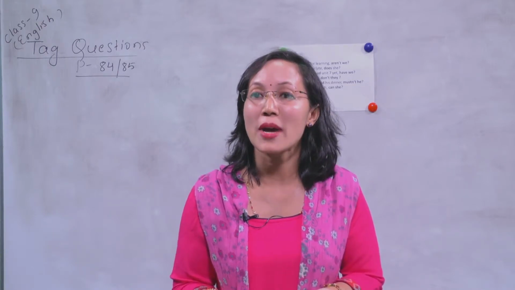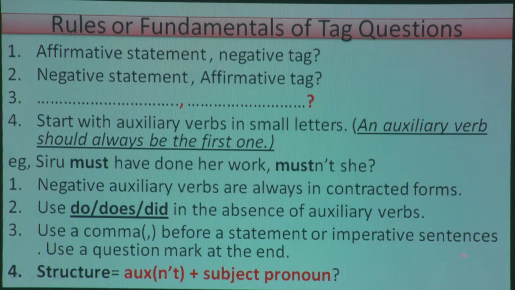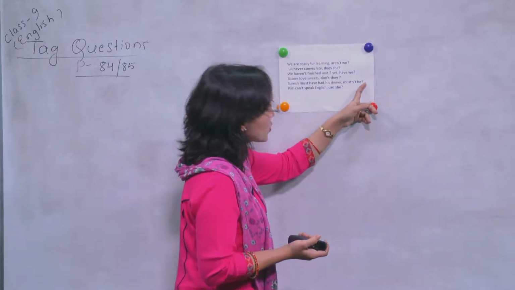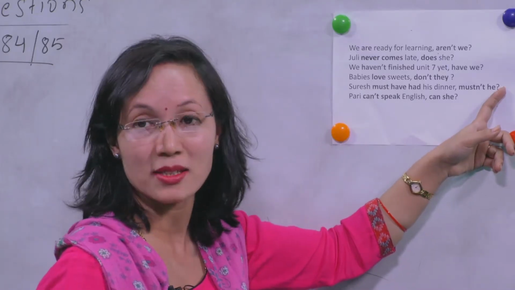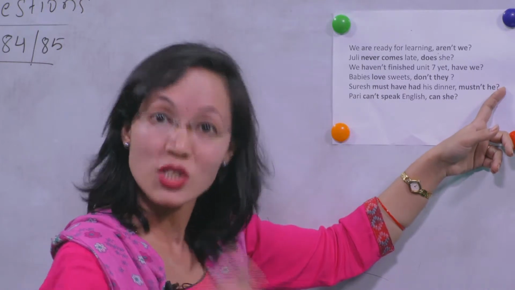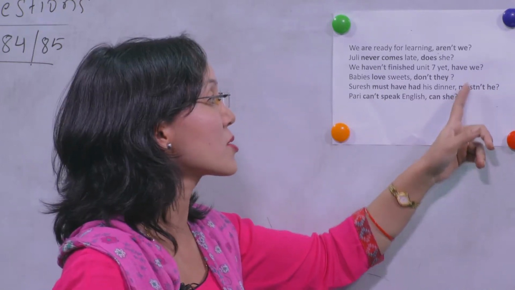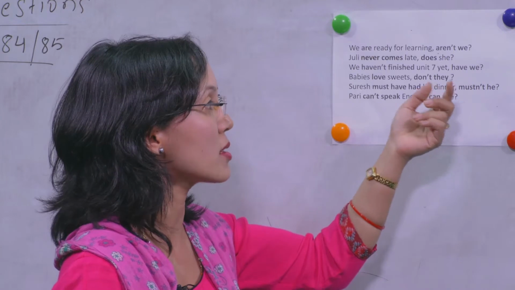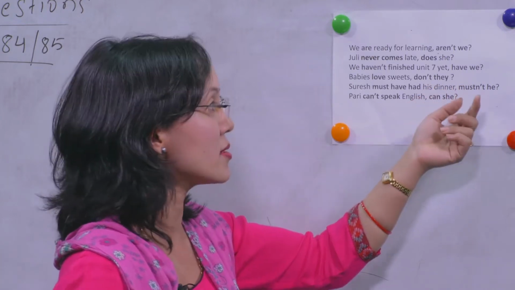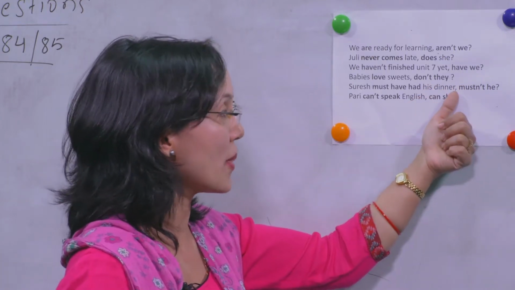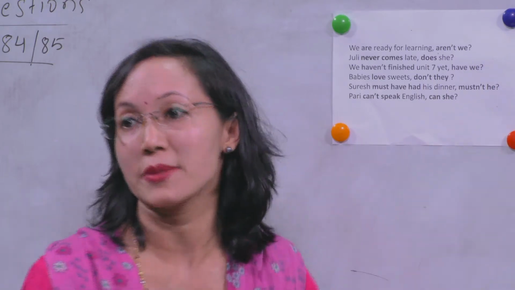So use a comma before a statement or imperative sentence, and use a question mark at the end. If you forget to give the comma or the question mark, you won't get full marks. You need to know this. Tag questions start with a comma and end with a question mark.